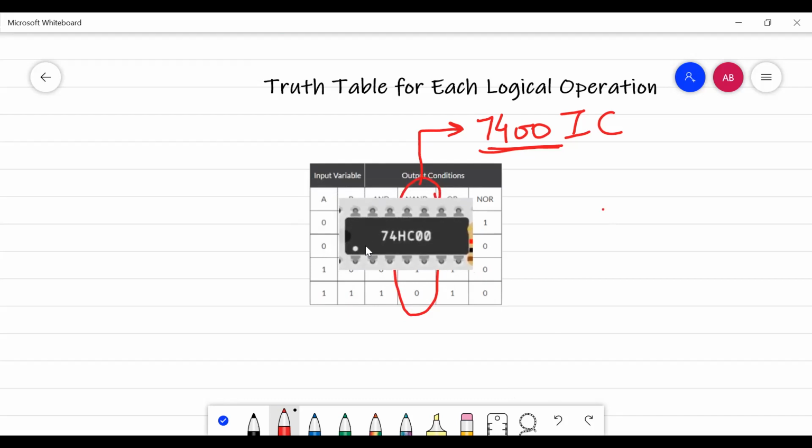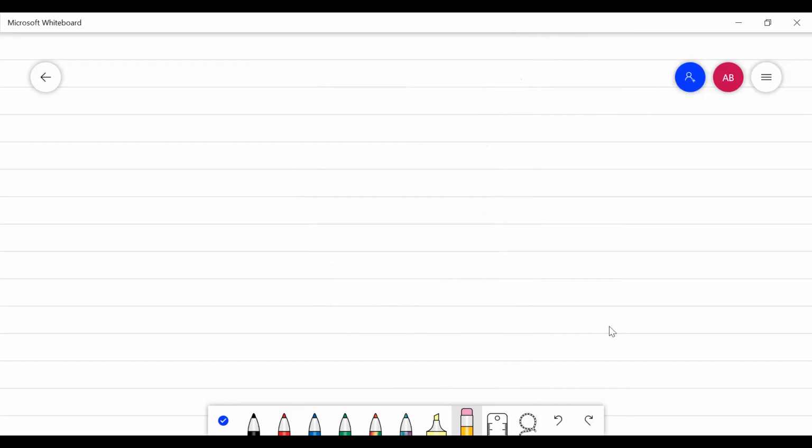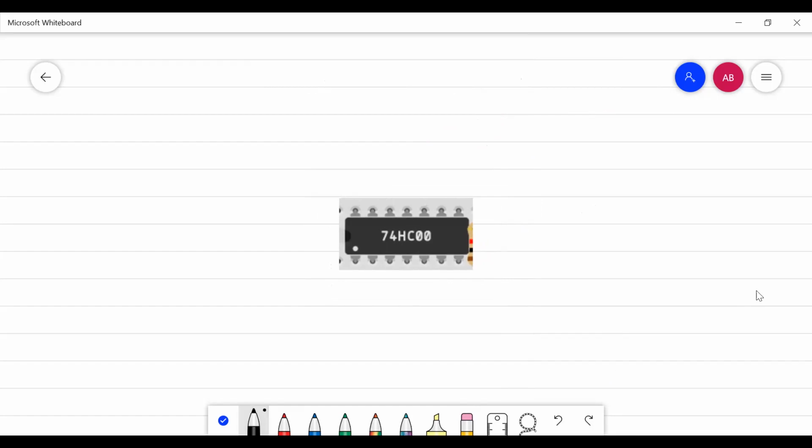So it is coming here only. So basically when we check this, this is your NAND gate and how these NAND gates are installed inside this IC. So in a single IC you get 4 NAND gates, and you should remember those NAND gates and the pin configurations.